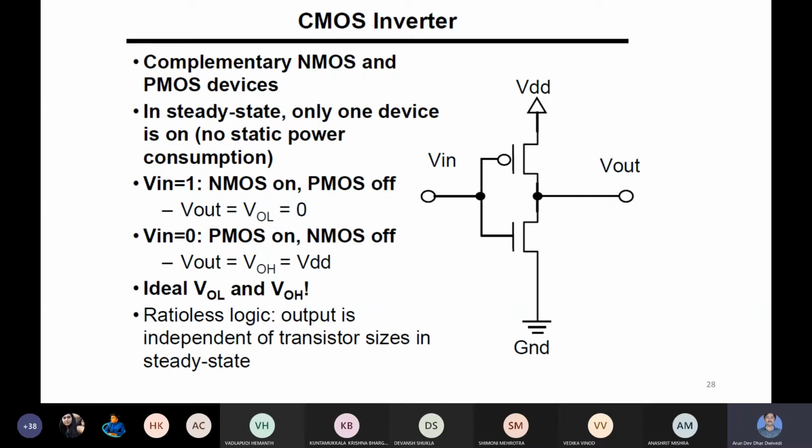Various possibilities are there, but we are not going to discuss all those. We are more interested in the CMOS inverter. Out of all the available inverters, the CMOS inverter is the best one, which gives better performance.